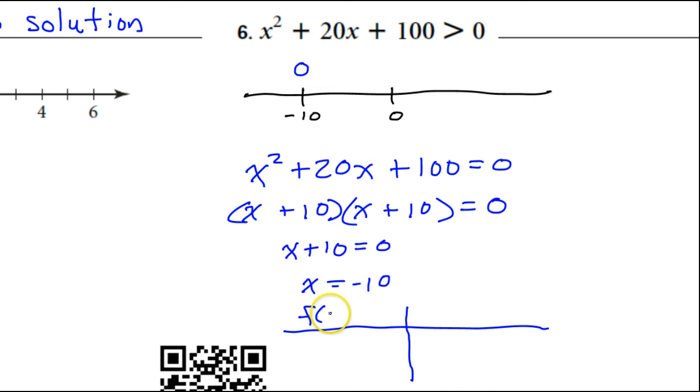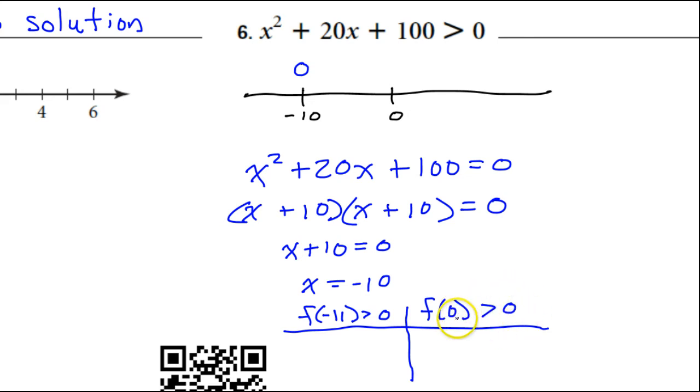For example, -11. And I want to see, is the function greater than 0 there? And then I'm going to pick a value to the right, greater than -10. 0 is a good one to use here. And I want to see, is the function greater than 0 here?